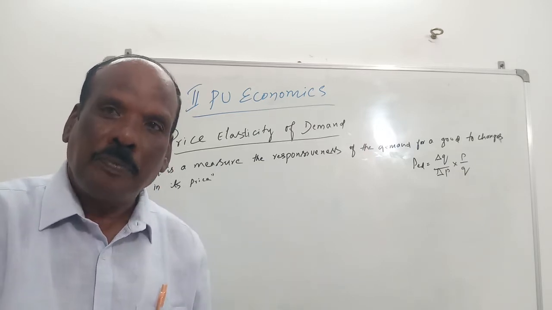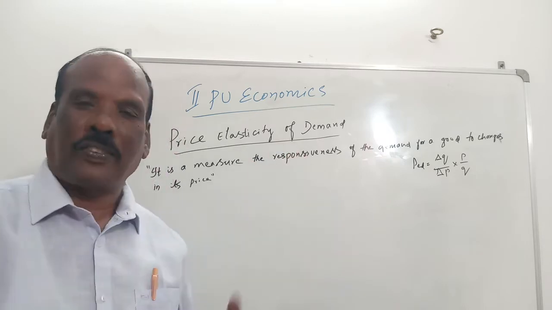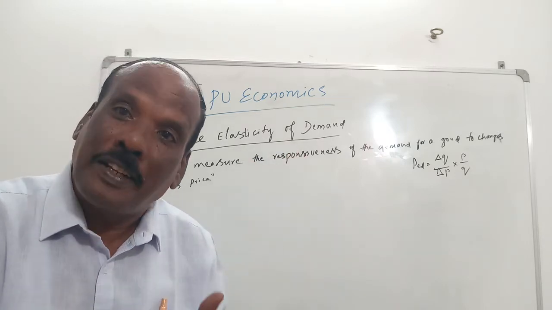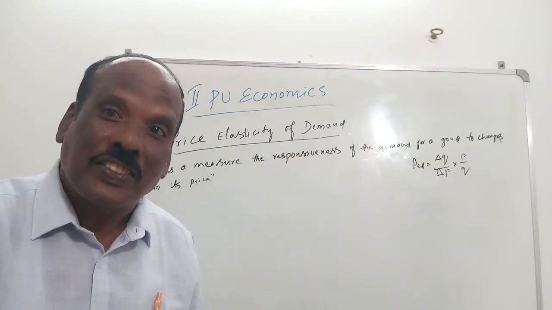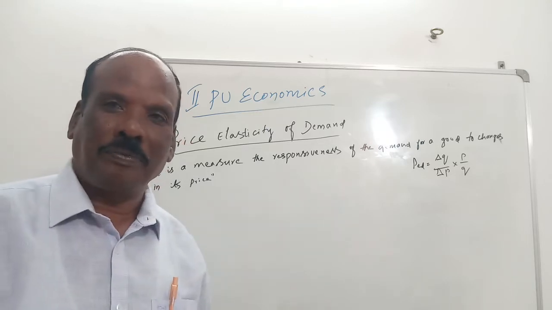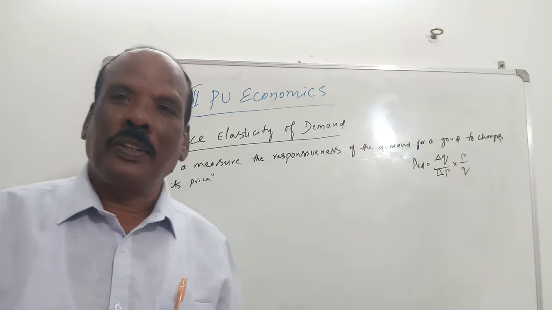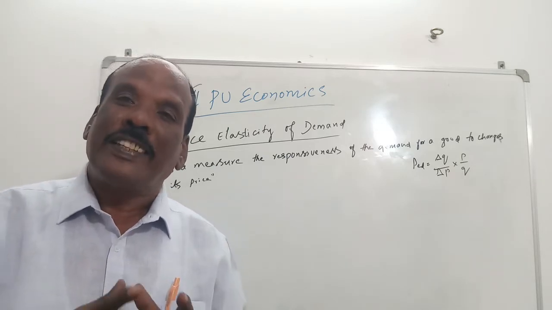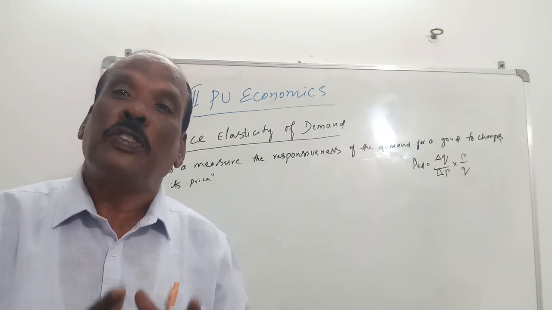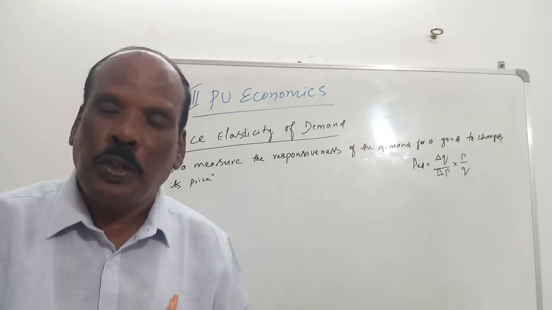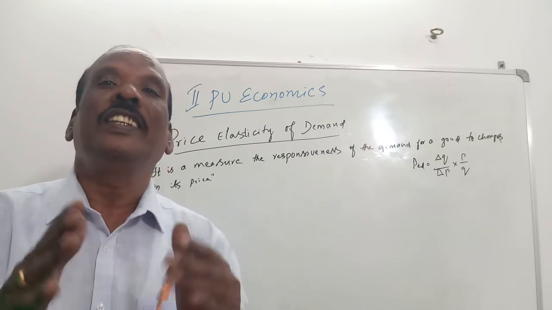We will measure the responsiveness of the demand for a commodity to the changes in its price. In simple terms, it is nothing but a measure of responsiveness of demand for a good to the changes in its price.